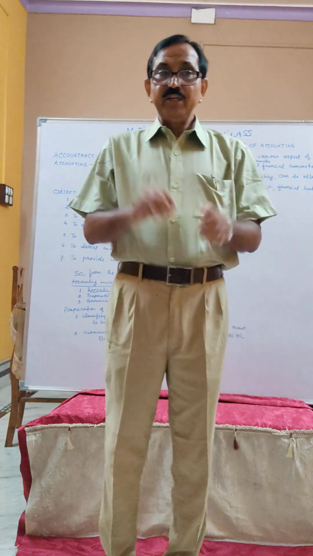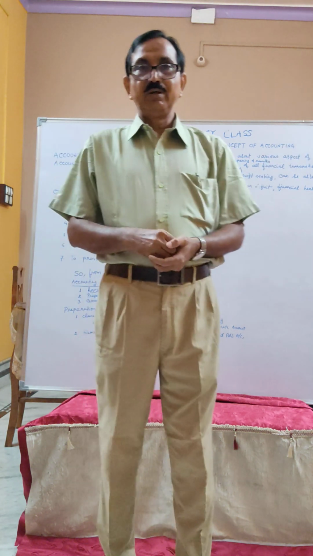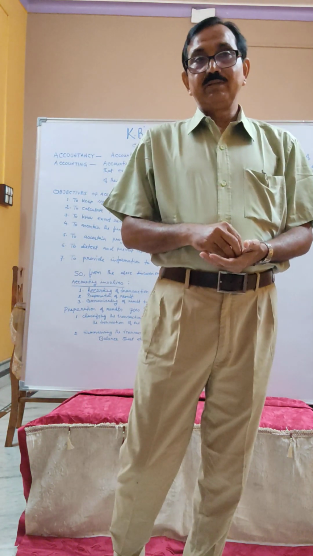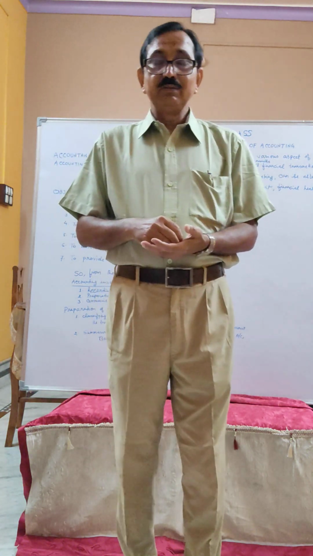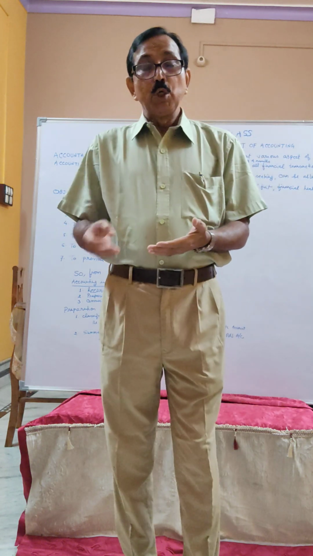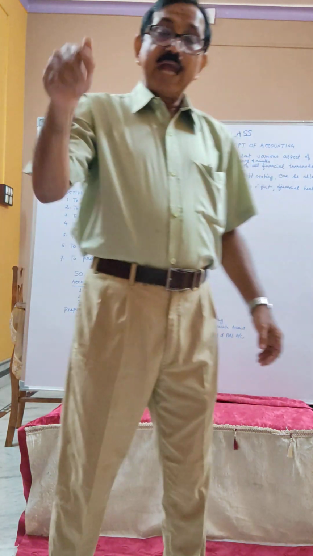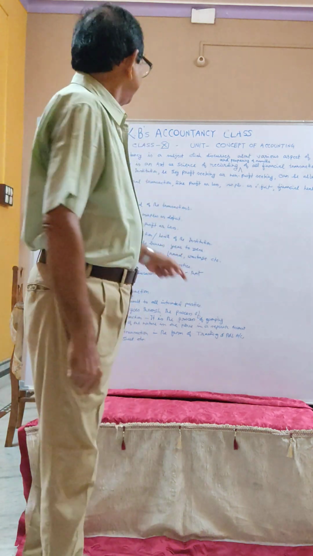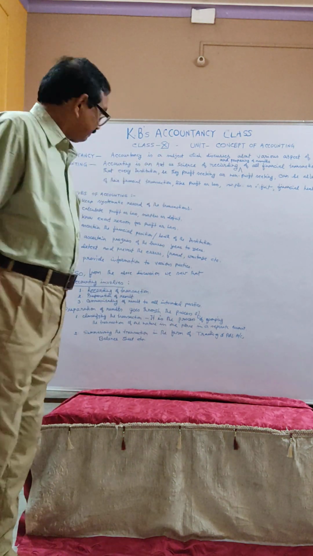Number two, if we record all the transactions in a systematic way, we can easily compare the cost from time to time, year to year, profit from time to time, year to year. So there must be a systematic record, and accounting helps us in recording the transactions in a systematic way.